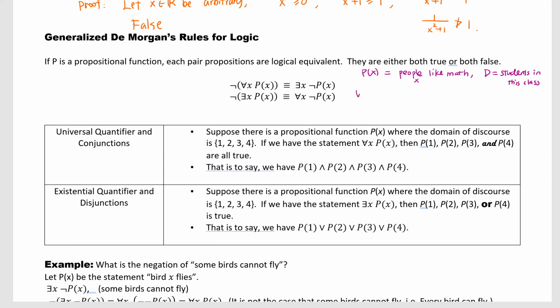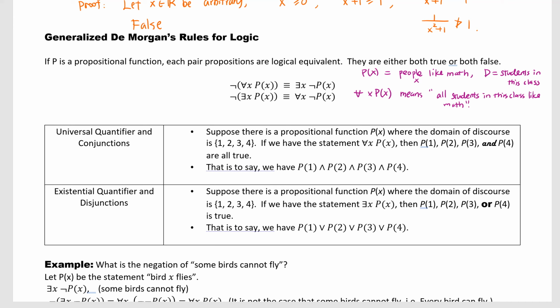Then for all x, P of x, what does that mean? Well, this means all students in this class like math. I hope this is true. All students in this class like math.